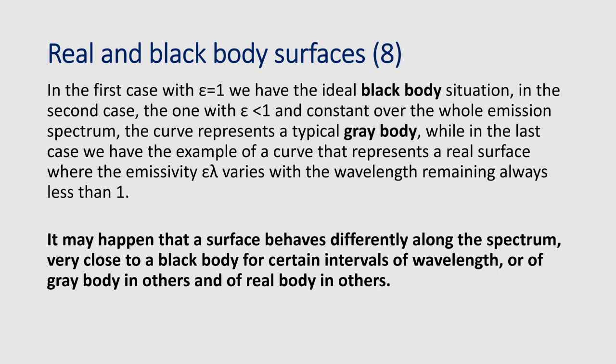So, for example, water in the infrared, especially in the mid-infrared, is a very, very good absorber of energy. If observed in the mid-infrared by satellites, so very far, water is very similar to a black body because it's absorbing all the energy that is striking it, this energy in the mid-infrared being emitted by the sun.